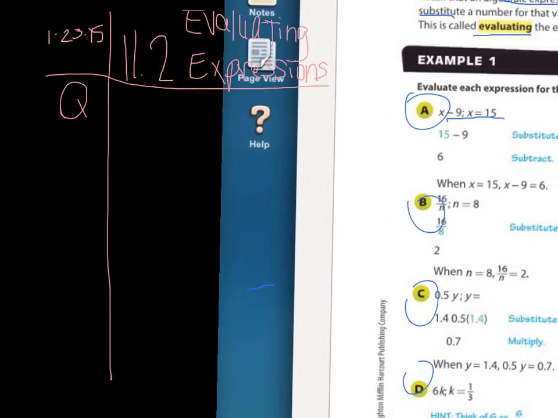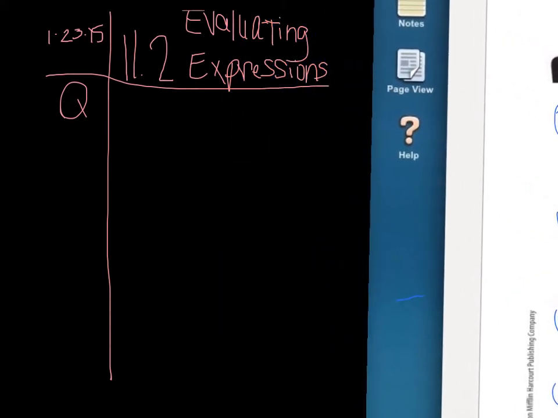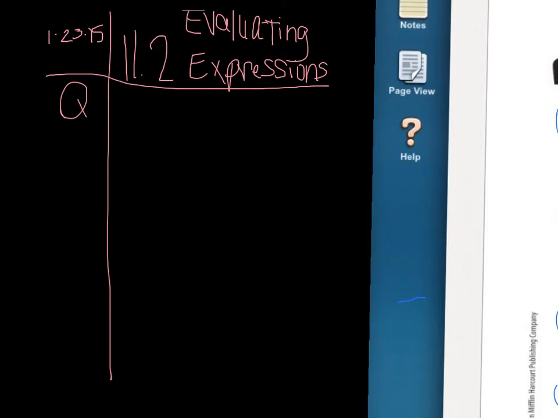This is the easiest step, and it is going to get more difficult later. So on your notes, write number 1, x minus 9, and then you'll do 15 minus 9, and then solve it.